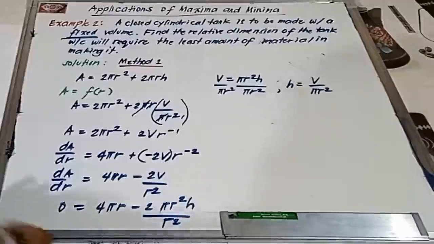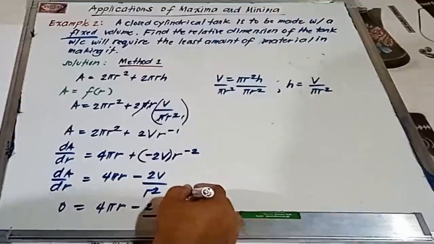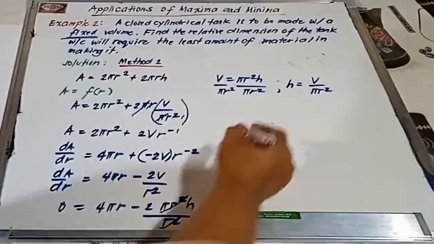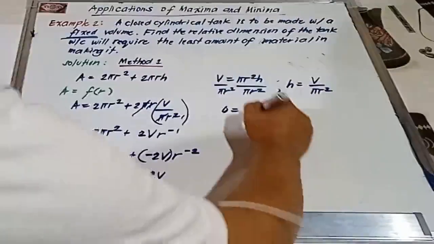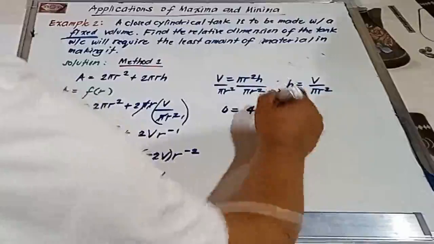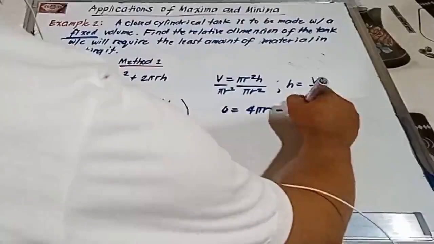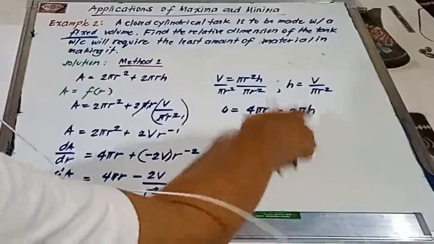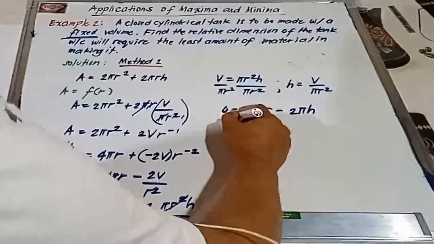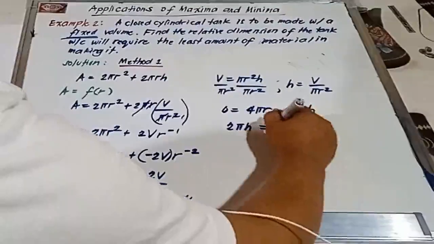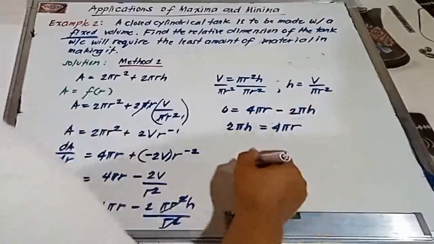Yeah. And then, cancel yung r squared. Okay? So, matitira na lang is 0 equal to 4 pi r minus 2 pi h. Transpose natin si 2 pi h. So, we have 2 pi h equal to 4 pi r.